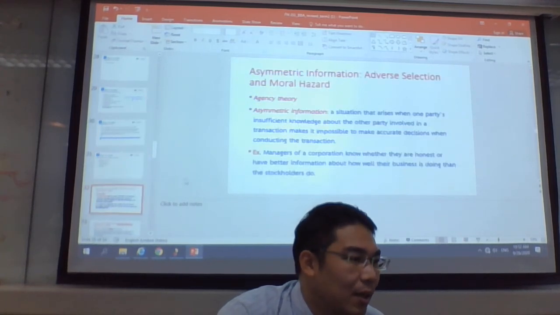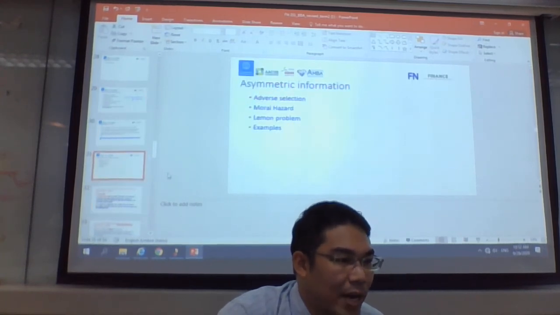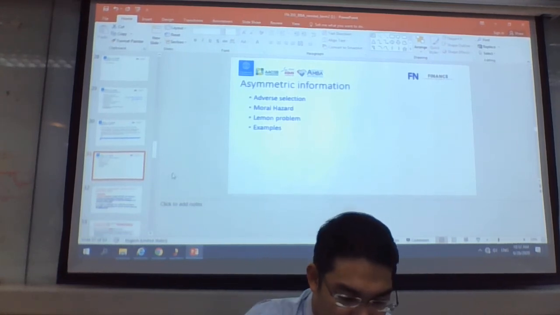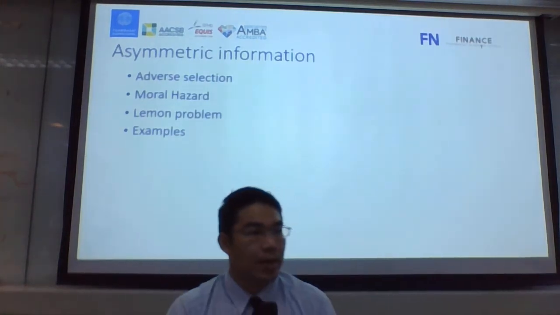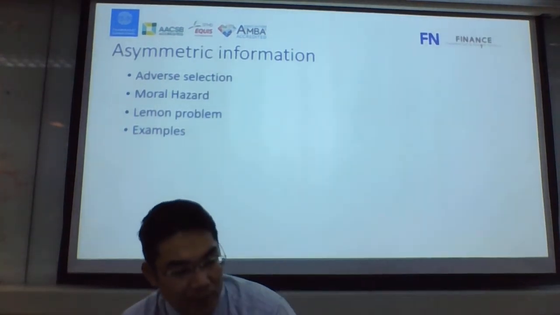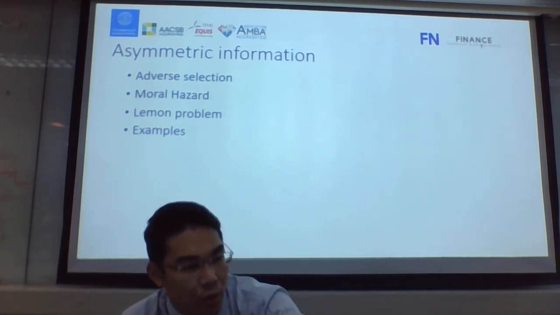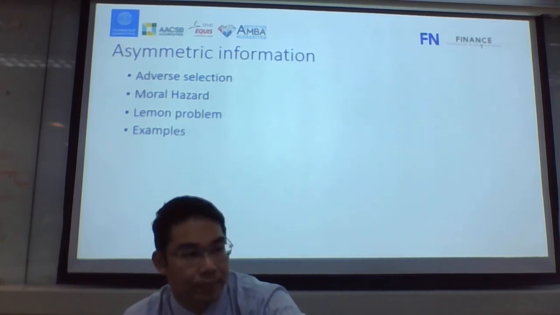Okay. We will go to asymmetric information and then I think I will let you go. Now let's move to the very important concepts of this class, which is the asymmetric information.